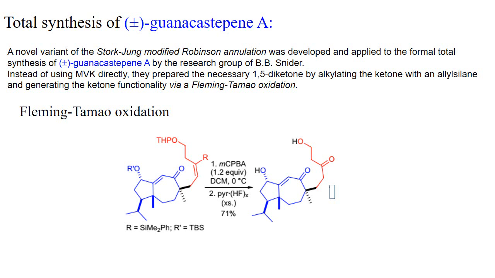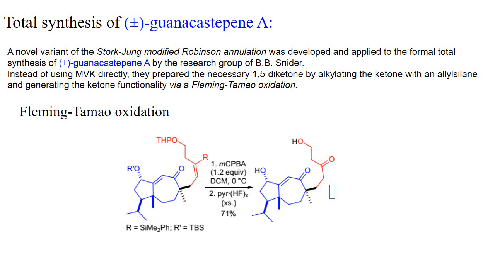When this compound is treated with meta-chloroperbenzoic acid in the presence of DCM and then the resulting intermediate undergoes acidic workup, it gives us this type of 1,5-diketone. See over here, this 1, 2, 3, 4, 5, 1,5-diketone. This 1,5-diketone is actually the precursor for the aldol reaction.